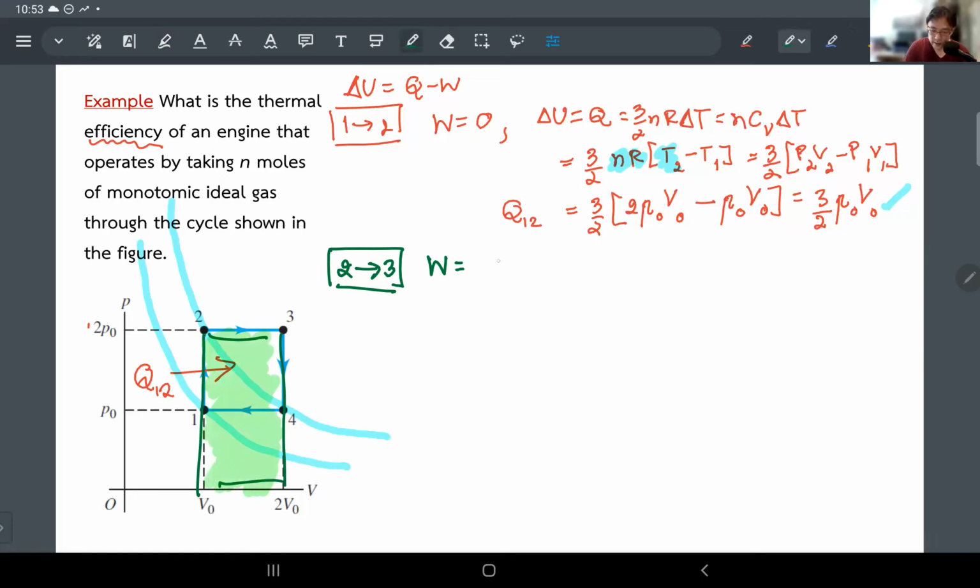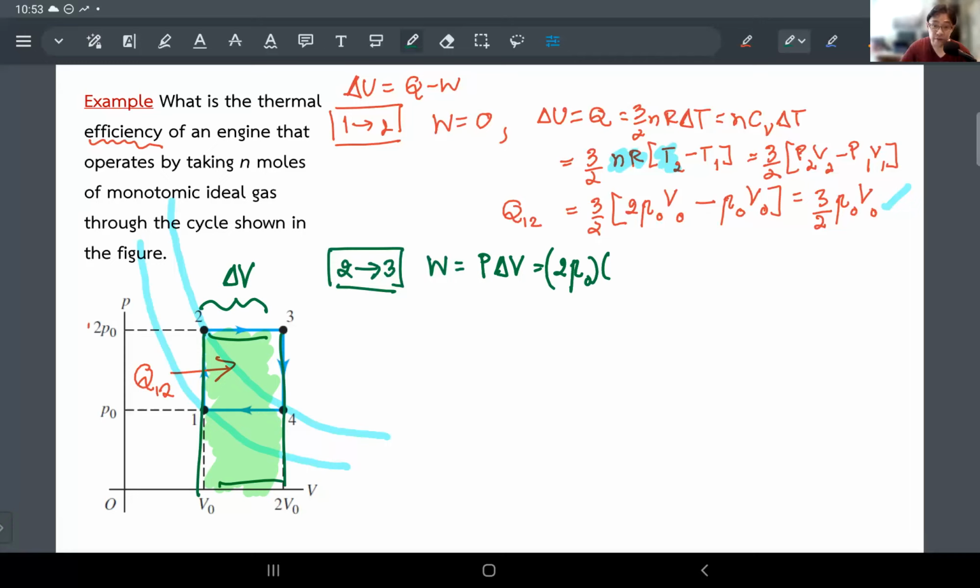So it's going to be P delta V. It's just the width times the height. The height, which is just the pressure right here, is the whole thing there. You guys with me? So the height is 2P naught. The delta V is going to be this. That is your delta V, the width. But then we always take care of the sign. That means you're going from where to where.